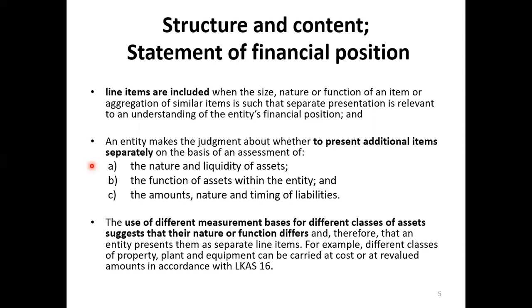Entity makes the judgment about whether to present additional items separately on the basis of the assessment of the nature and liquidity of assets, the function of assets within the entity, and the amount, nature, and timing of liabilities. Based on these three circumstances, they can make judgments.